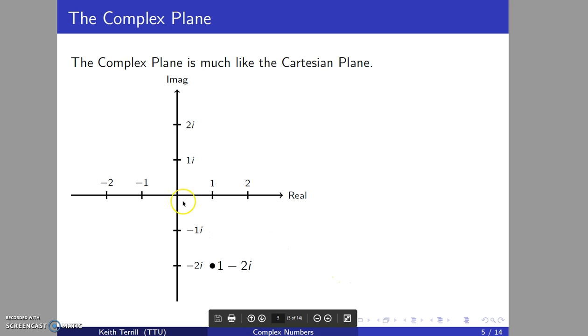How far away from 0, 0i, or 0 plus 0i, how far away from the origin is this point? Well, I would inscribe a right triangle. The a value, the x value, the base is 1, the height is 2, and so r is the square root of the sum of the squares, right?